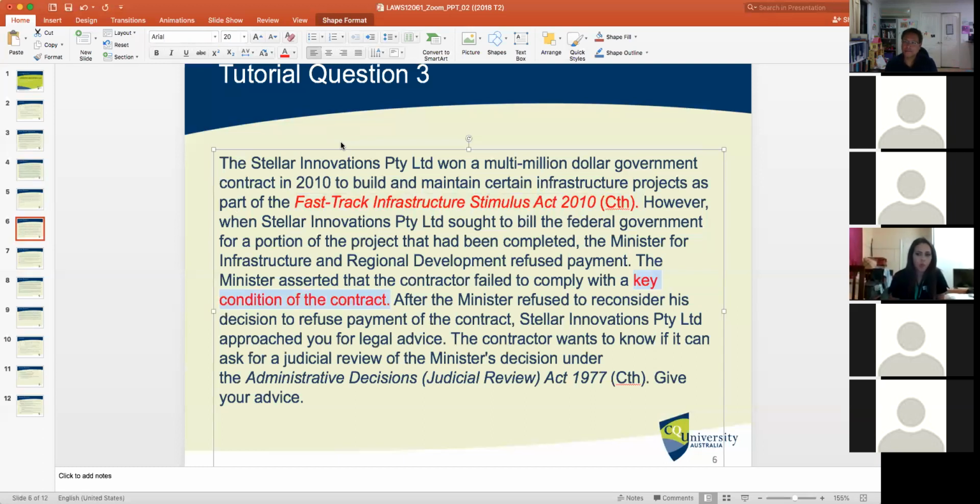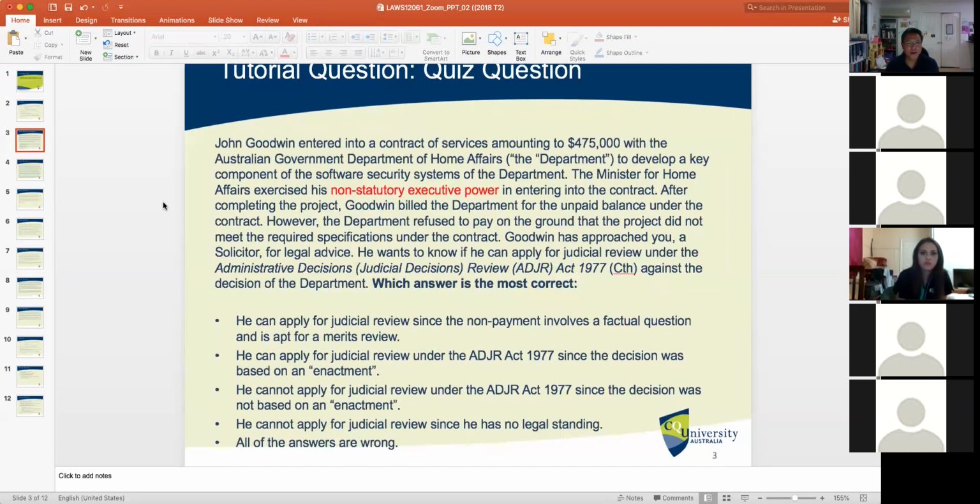Was that clear? Because we're running out of time, let's go back to the quiz. You will recall that in quiz 1, we know from the facts that the Minister for Home Affairs exercises non-statutory executive power. So we know the effect of that.